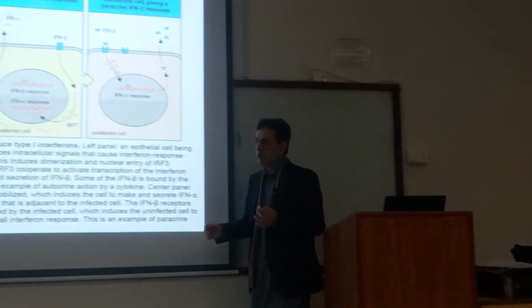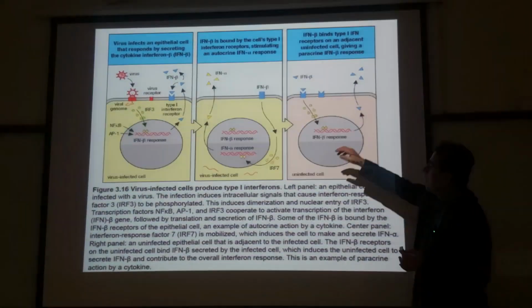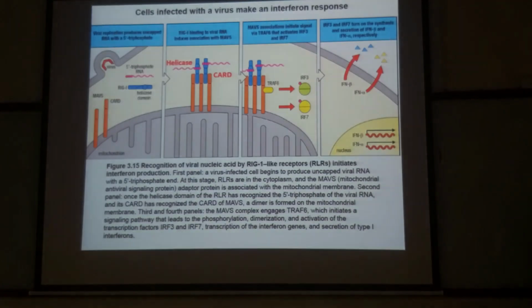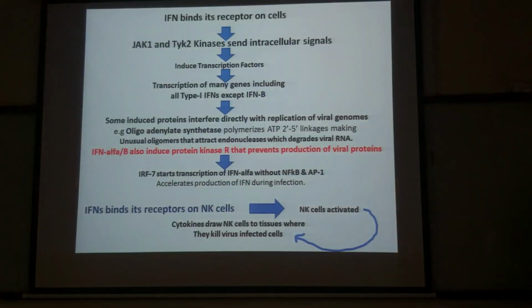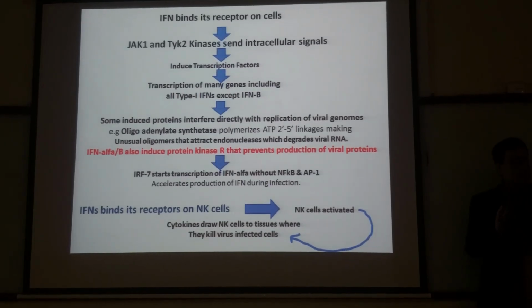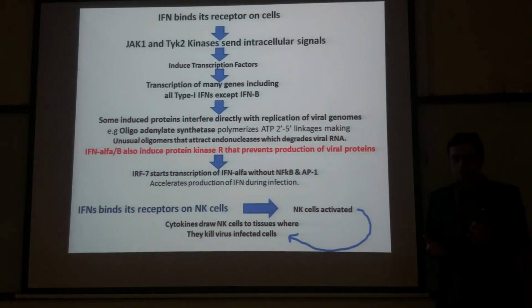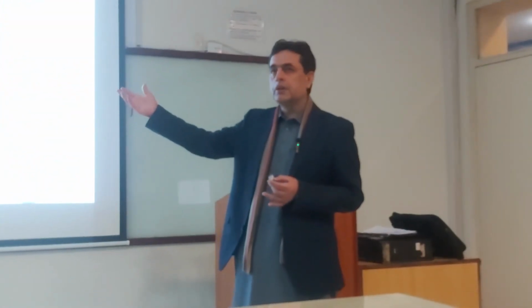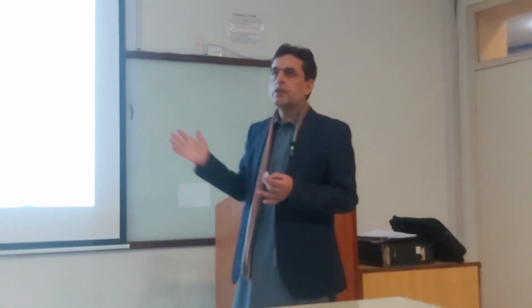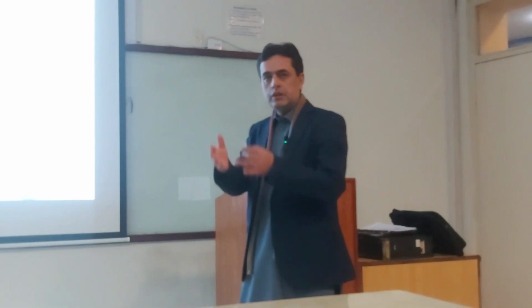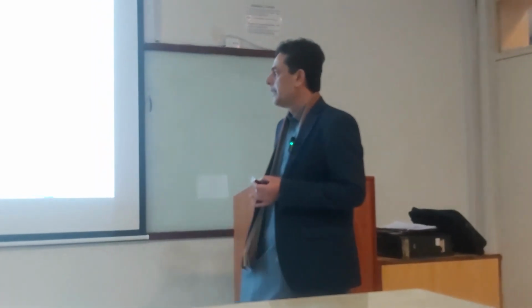As you saw here, IRF7. In case of these infections, IRF7 can start the transcription of both types of interferons without the help of other transcription factors like NF-kappa B and AP1, which are required normally when the virus binds to the receptor, and this signaling actually starts there.